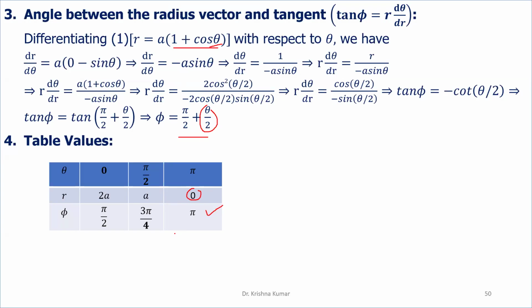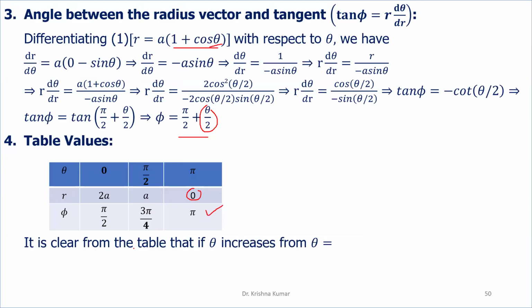Okay, and then let us notice some important points from this table. It is clear from the table that if theta increases from 0 to pi, then r decreases from 2a to 0.